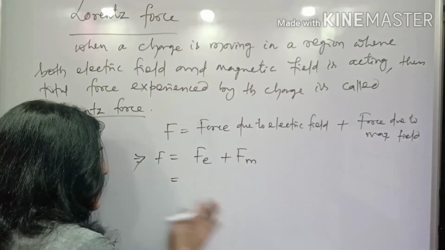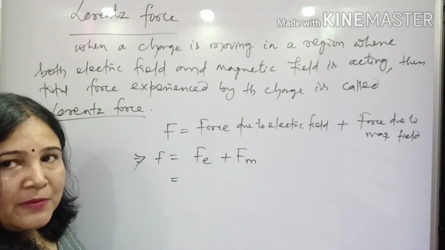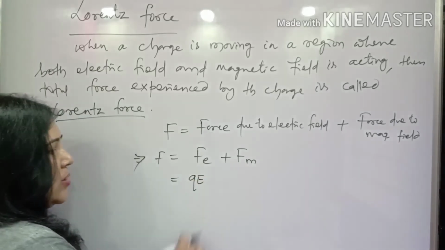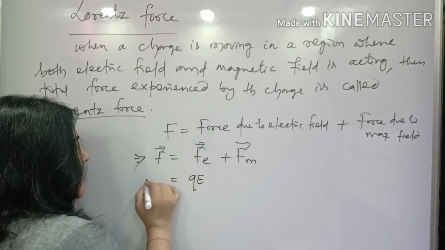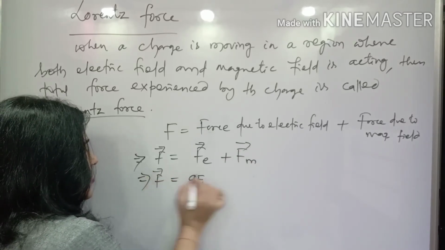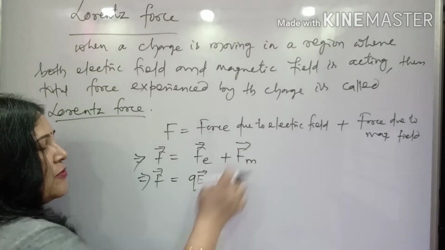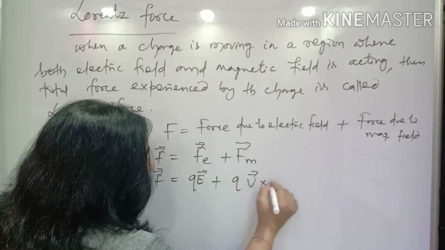Previously we know the force on a charge in a uniform electric field is QE. In vector form, F equals QE plus Fm, and the magnetic force is Q V cross B.